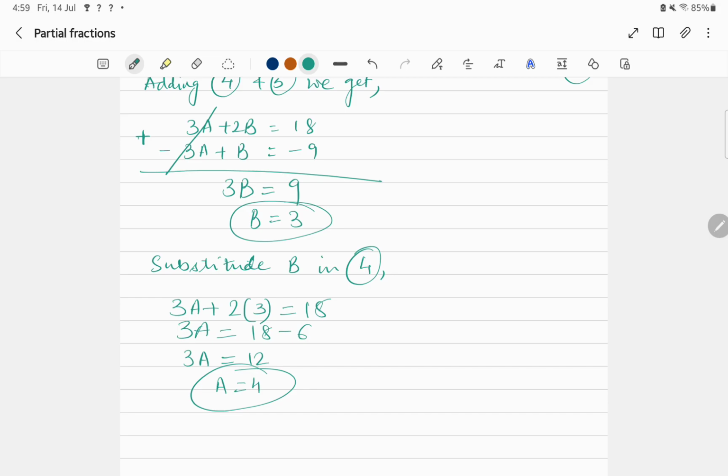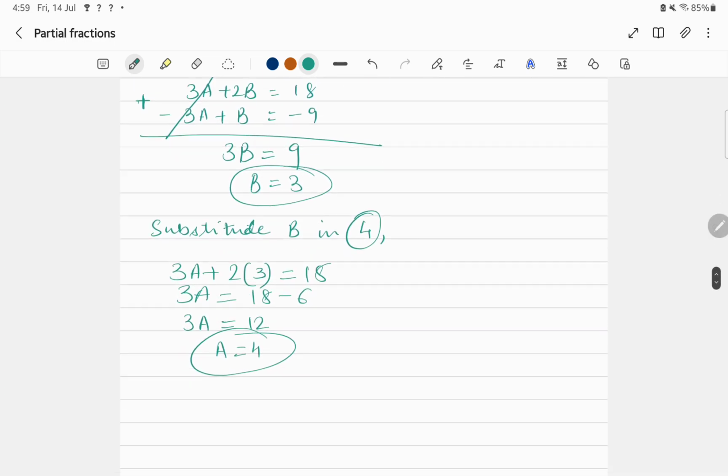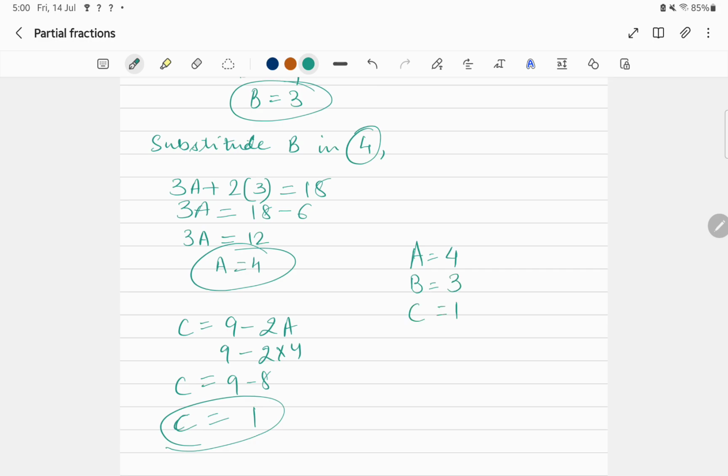The last thing left is c, where we substituted c is equal to 9 minus 2a. So c is equal to 9 minus 2 times 4, which is 9 minus 8, so c is equal to 1. We've got a as 4, b as 3, and c as 1.